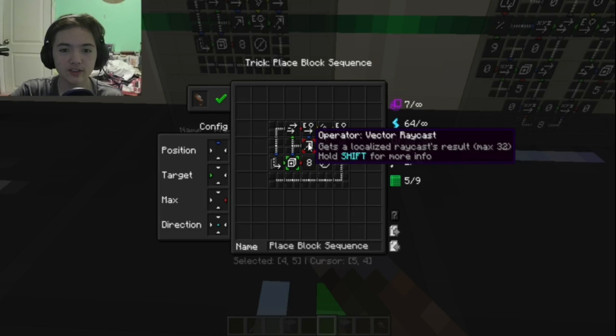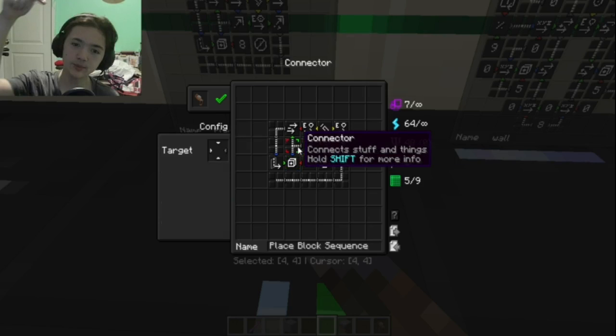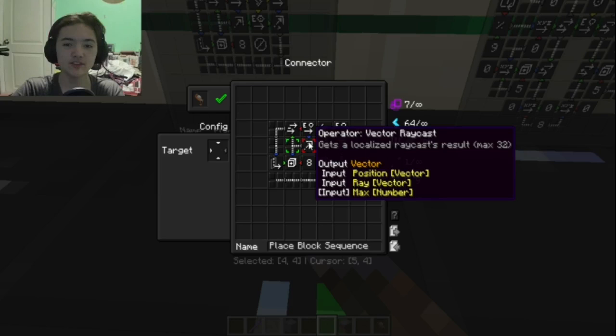Now, the vector raycast, this is a target light connector, which has 2 things pouring into it to the operator vector raycast. Now, if you don't know, this is a vector subtract. It takes 2 vectors and it basically minuses them, and it then is going to shove that into operator vector raycast. So it essentially gives this a given value.